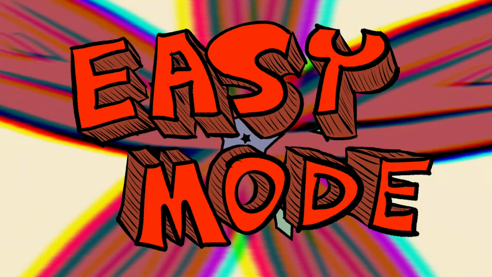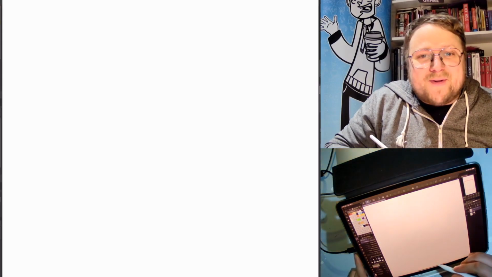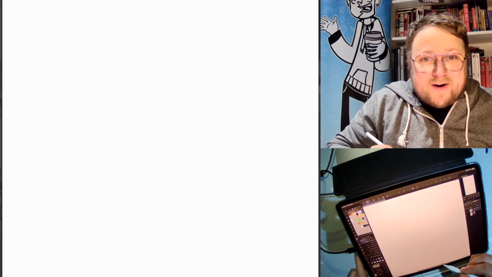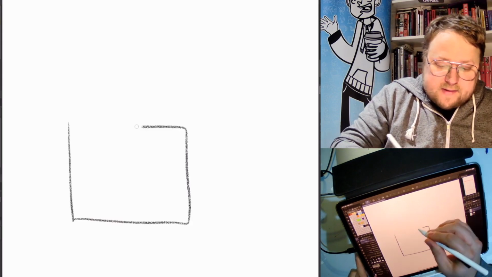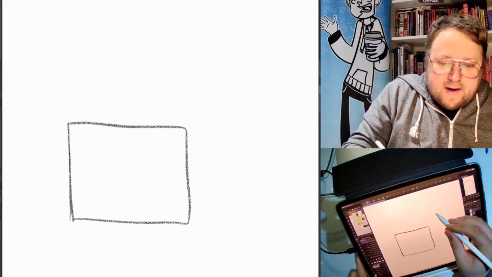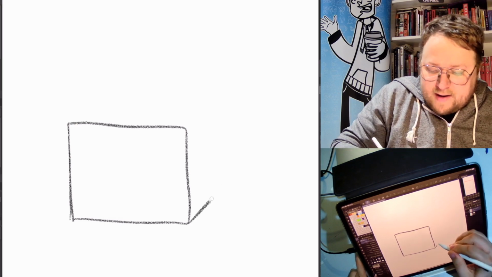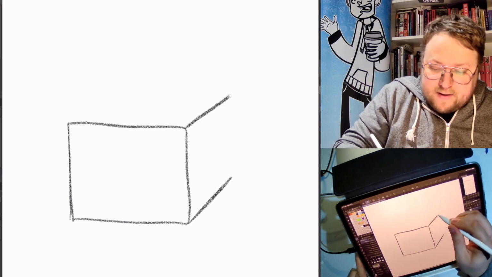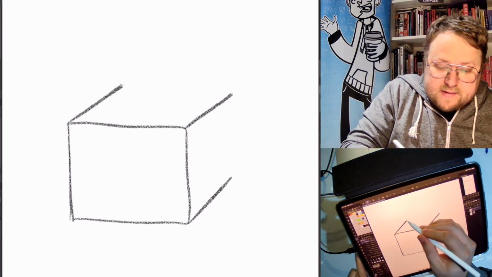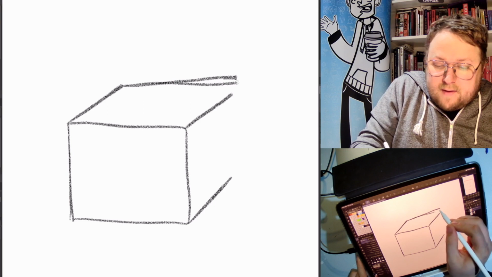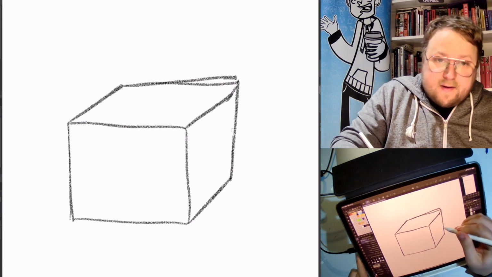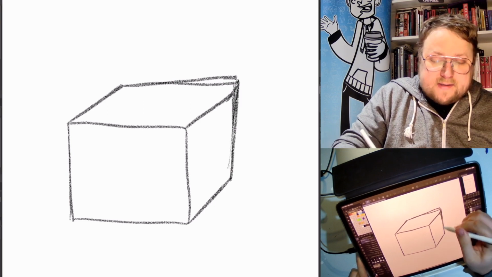Easy mode. We're going to draw a simple 3D house for easy mode. So you start with a little box, a little square, and then you make it 3D by adding some lines at the corners, parallel lines diagonally. There we go. Make a line. Okay, so there we have our box.